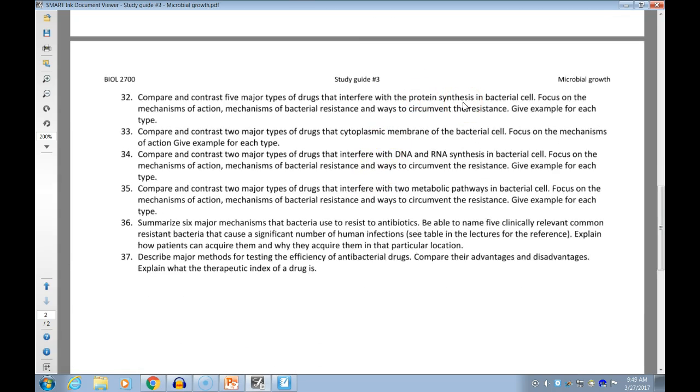Protein synthesis in bacterial cells, actually, I think it's okay. So we have aminoglycosides and tetracyclines that bind to the 30S subunit. Aminoglycosides change the shape of the 30S subunit, right? Tetracyclines prevent the binding of tRNA. And then we have macrolides and lincosamides, chloramphenicol, and what did I forget?